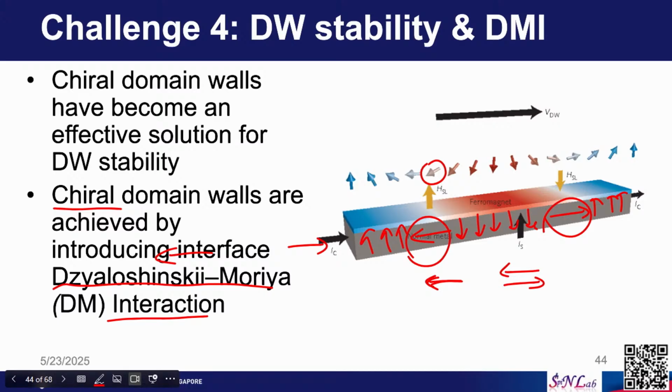This chiral domain wall gives rise to stability. You can imagine that this is like north pole, south pole, this is like south pole, north pole. All the neighboring domain walls will again be like north pole, south pole, and so on.